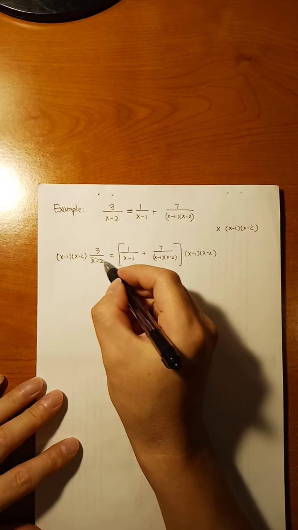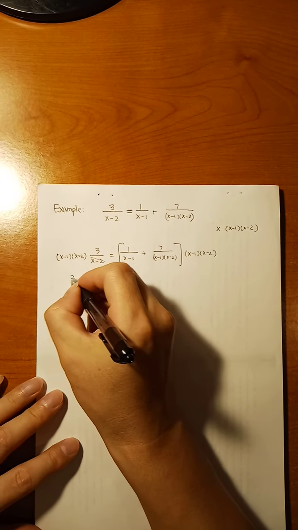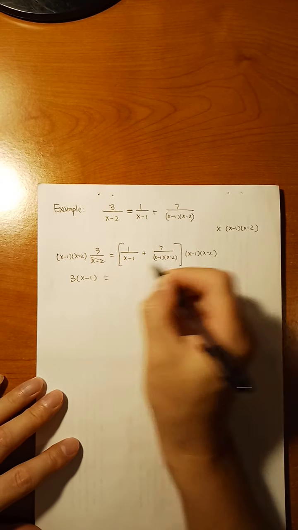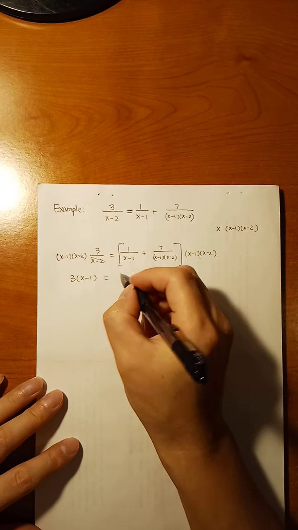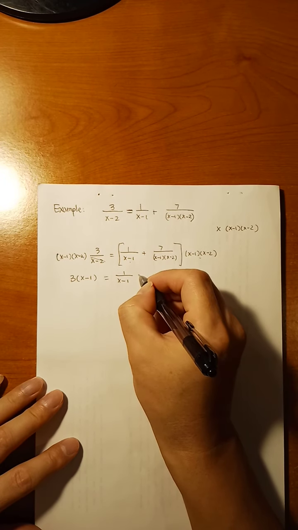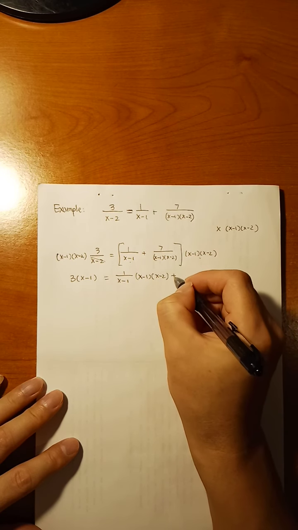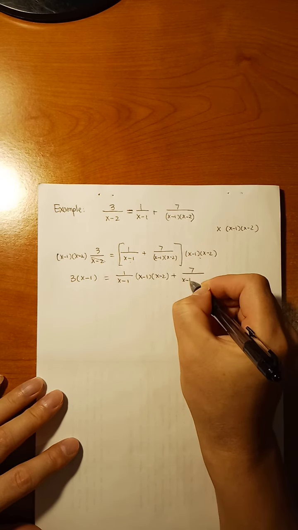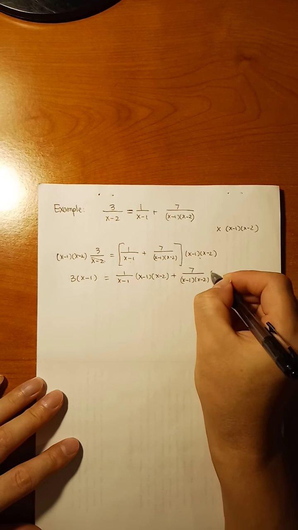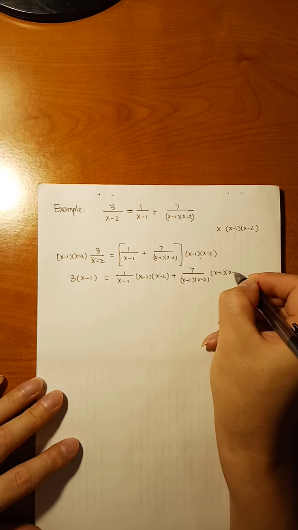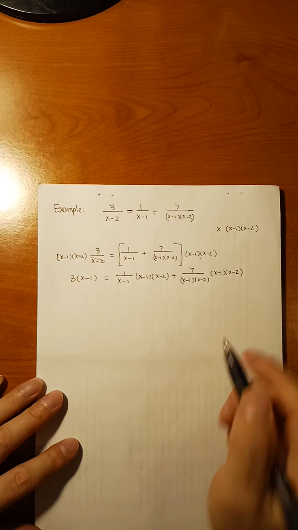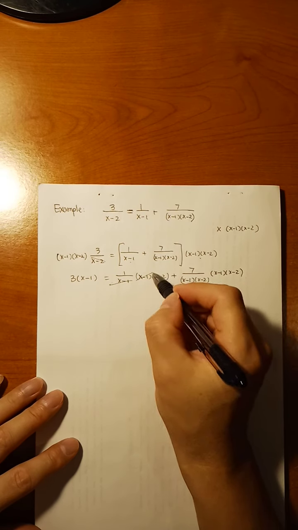This part directly cancels x minus 2 with x minus 2, and you get 3 times x minus 1. Second term, similar thing: you cancel x minus 1 with x minus 1.